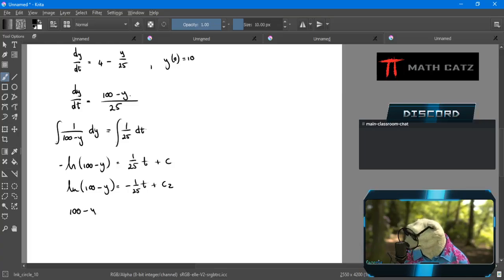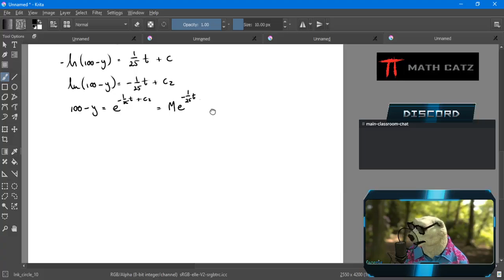So 100 minus y is going to be e to the negative 1 over 25 t plus integration constant, which I will rewrite to a different integration constant. I'm just calling it m to make it a little bit more visually standoutish. E to the negative 1 over 25 t.